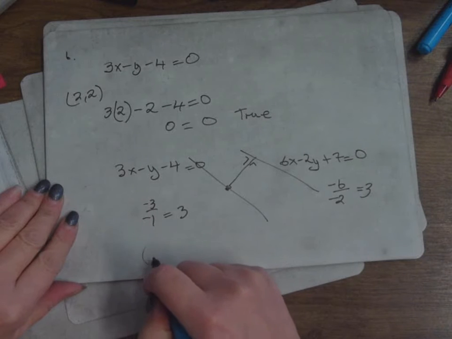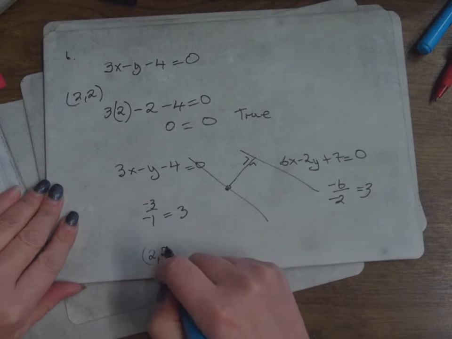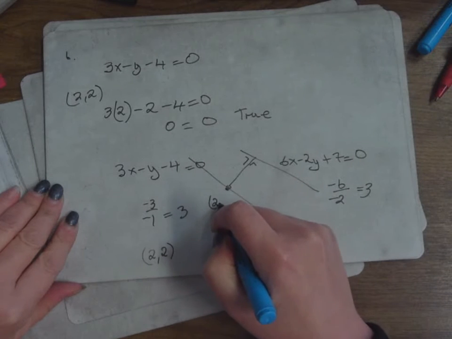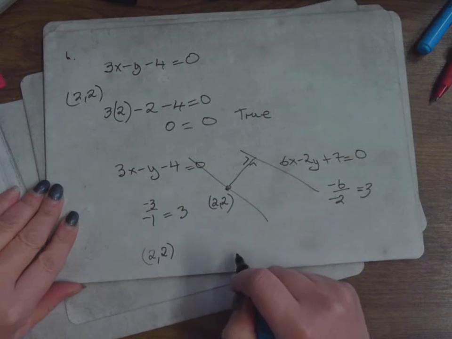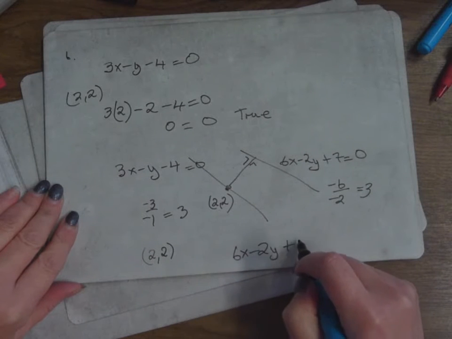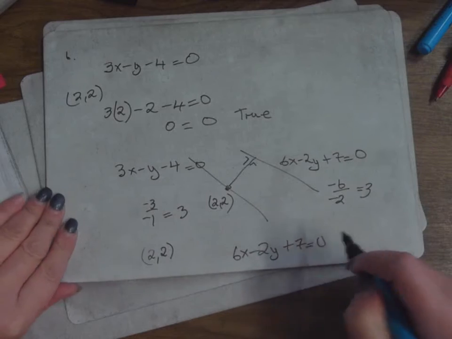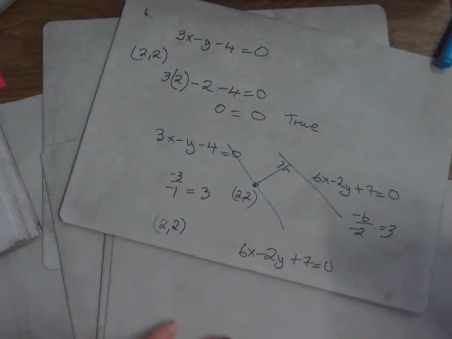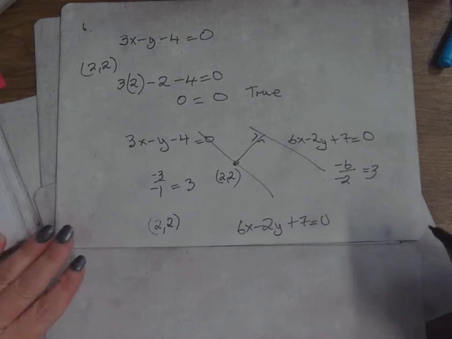Okay, so I want to get the perpendicular distance from 2, 2, which is on this line, to the line 6x minus 2y plus 7 equals 0. Is that okay? So the shortest distance is the perpendicular distance, right?